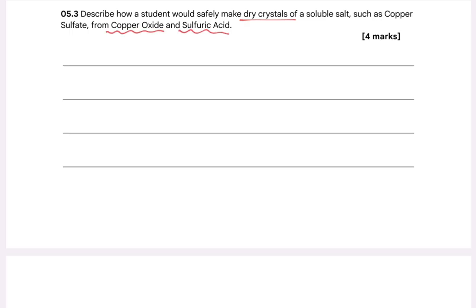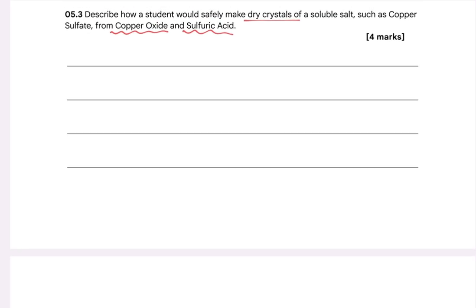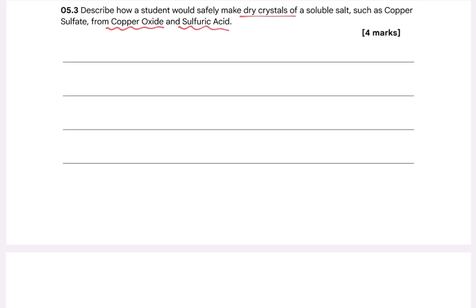Now they have given us the two reagents, which is good, and so what we need to do is take the sulfuric acid and add copper oxide, CuO, to H2SO4, that's our acid.